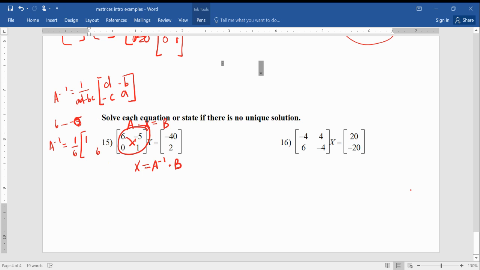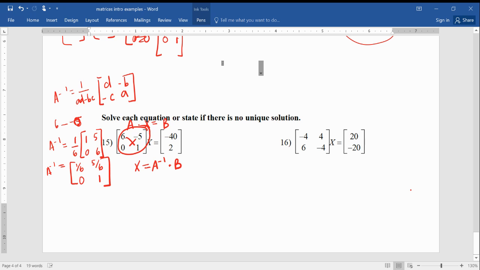And then -5 and 0 change signs. Now, 0, it doesn't really matter what sign's on it. So no worries there. All right, your inverse for A. Let's multiply that scalar through. So it's going to be 1/6, 5/6, 0, and 1.